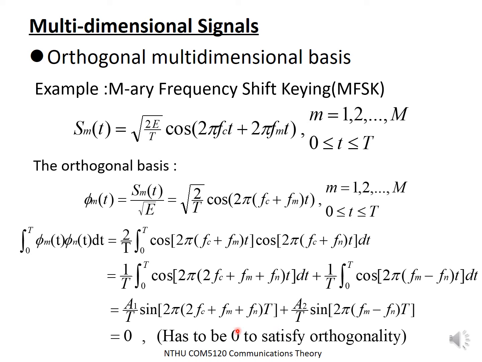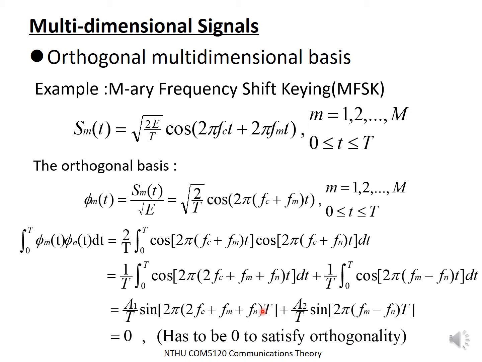So we choose to find fm, the carrier frequency fm and fn, such that the first term is 0 and the second term is 0. That is very straightforward.